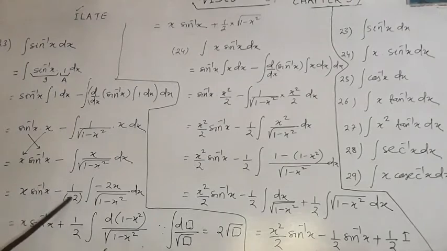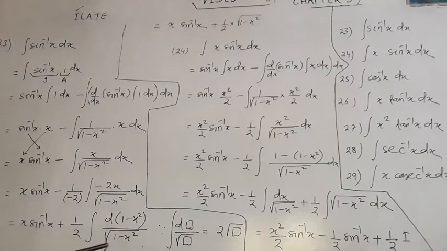Now minus minus is plus 1 by 2. In place of minus 2x, I am writing the derivative of 1 minus x square. Now look at here, it is the derivative of 1 minus x square over root of 1 minus x square, with 1 by 2.